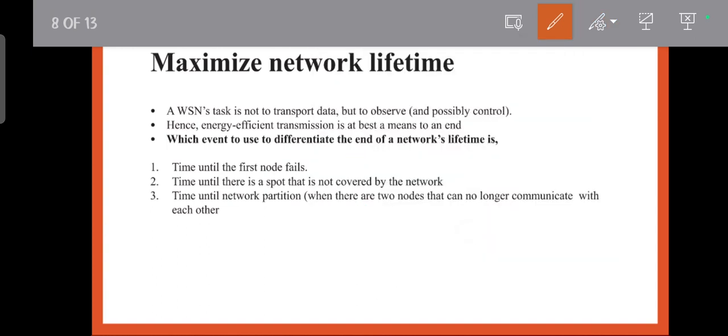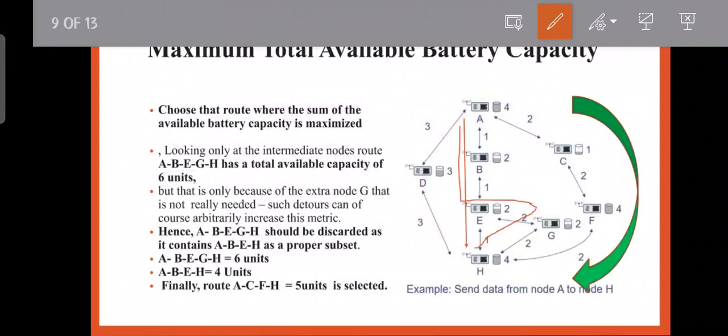The next algorithm is maximum total available battery capacity. This value can be calculated by summing up the available battery percentage of the intermediate nodes present in a route.